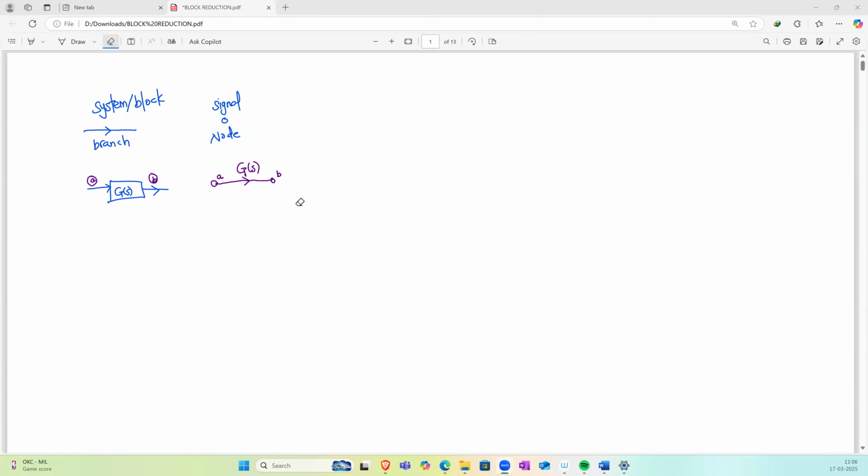Do you remember the three forms of block diagrams? If you check the previous videos, you actually see the three forms. The first form is the cascaded form.